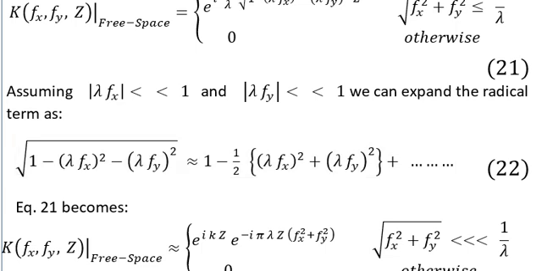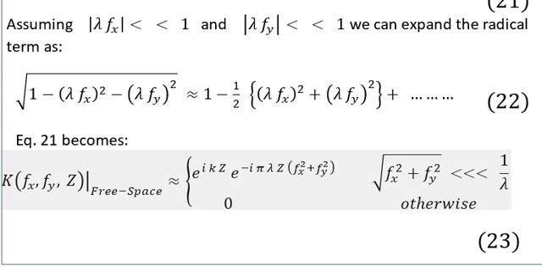So equation 21 becomes, under this condition, the capital K of fx fy z, that is the free space propagation factor, approximately equal to e to the power iota k z multiplied by e to the power minus iota pi lambda z, within the bracket fx square plus fy square. This holds when the square root of fx square plus fy square is much less than 1 over lambda.